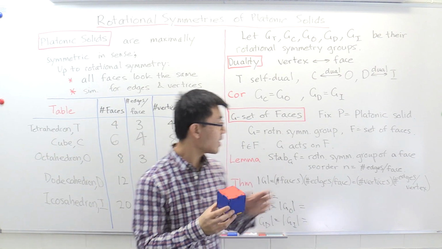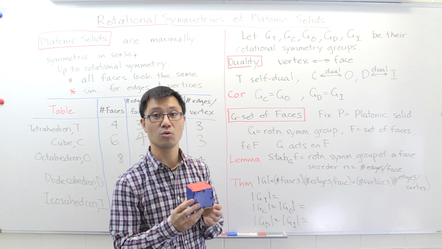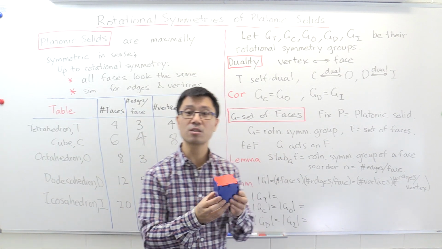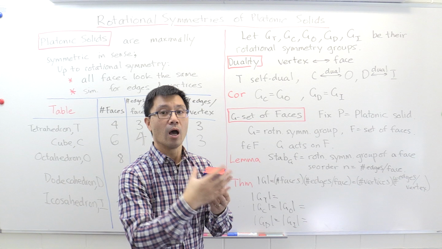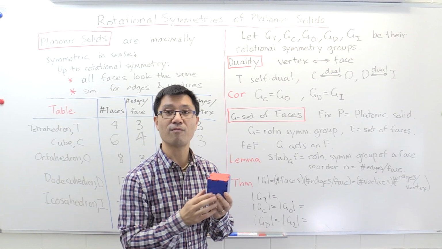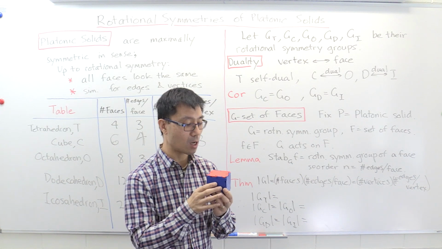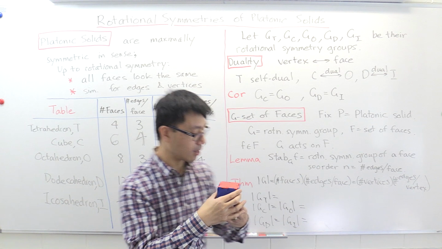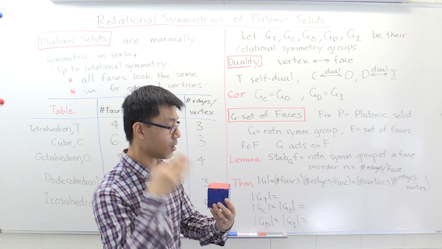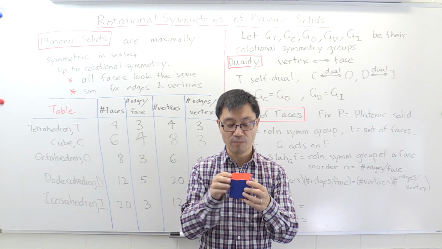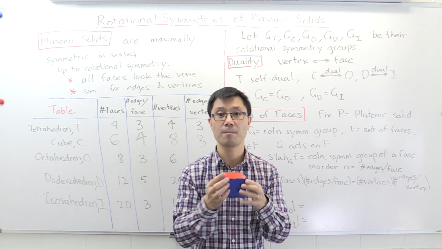And it's actually very easy to see why this is true, and it uses the maximal symmetry. So the key point is the following. The Platonic solid is a maximally symmetric object. You can look at the top face, all the faces are the same, but also you can look at the face this way and it looks the same as if you look at it this way. That corresponds to the fact that you can rotate that top face like this and it looks just the same.